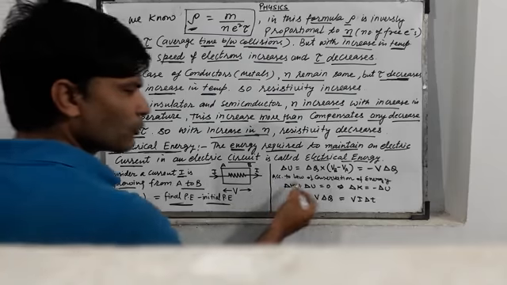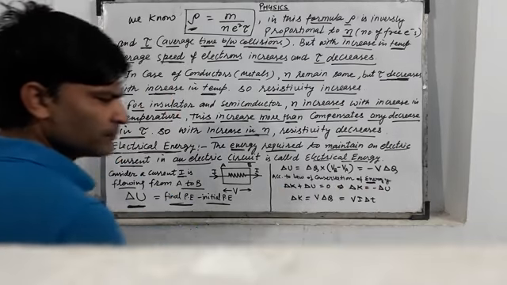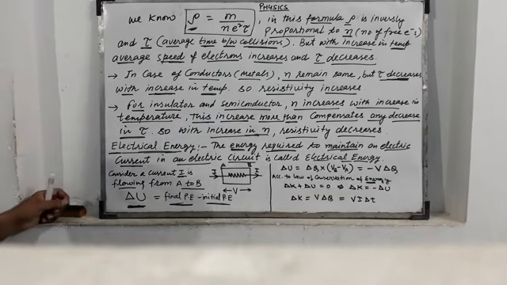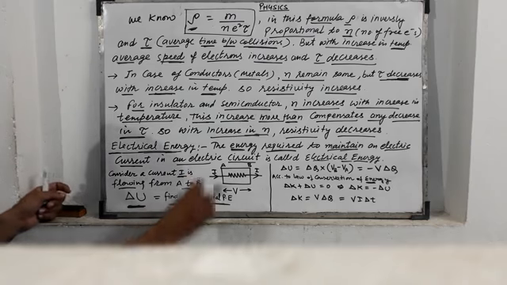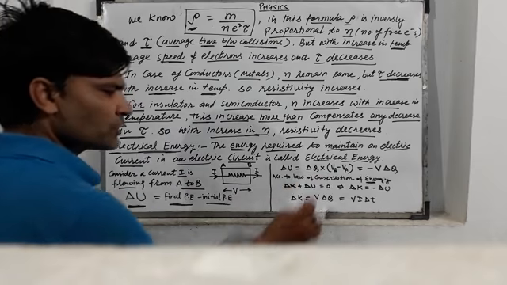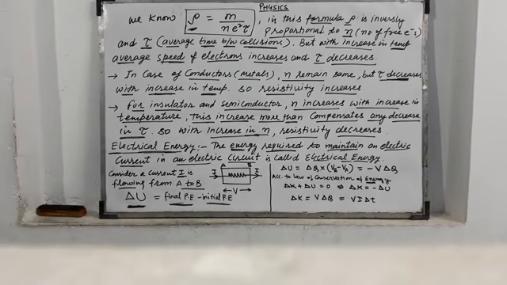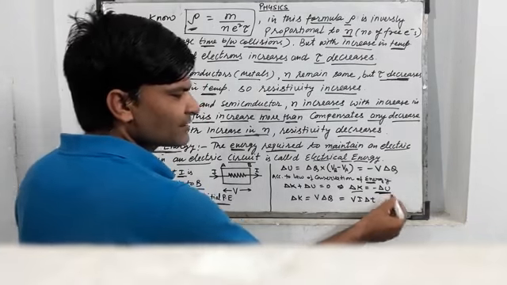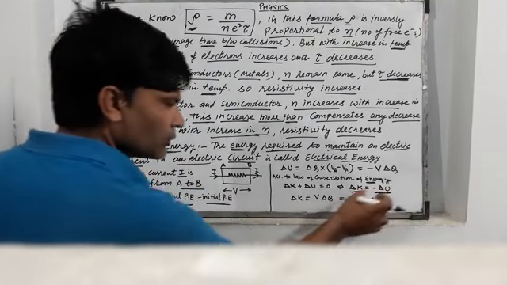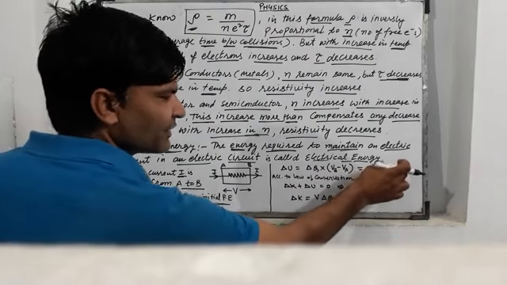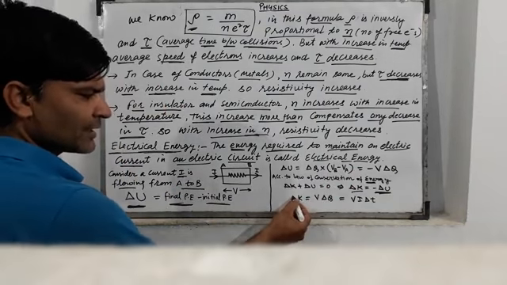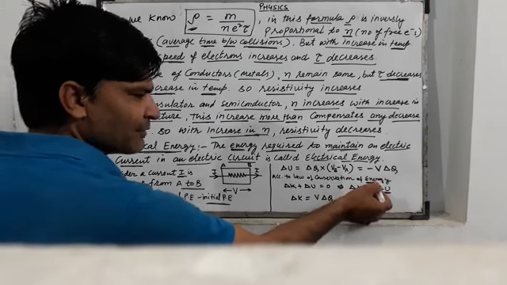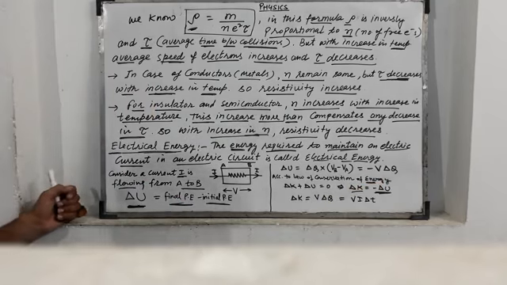Now, according to the law of conservation of energy, kinetic energy plus potential energy is equal to 0, because before the flow of current the total energy is 0. So delta K equals minus delta U, but delta U is minus V into delta Q, so delta K equals V into delta Q. The negatives cancel out.